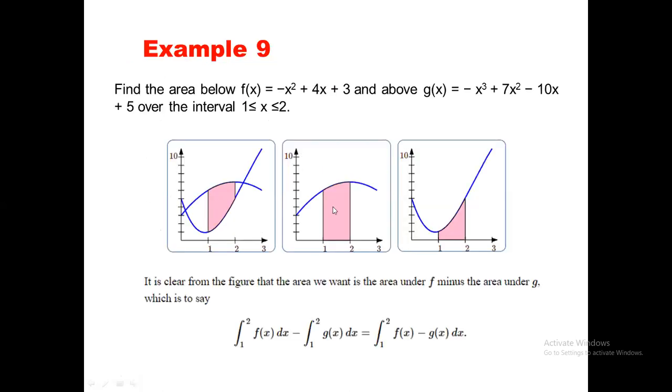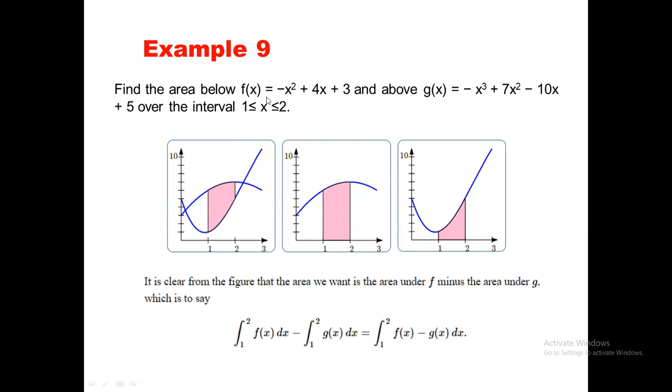Example 9 would be this. So, you have this pink region. You are only interested in finding the area bounded by these two verticals, x equal to 1 and x equal to 2. So that would also be your limits of integration.